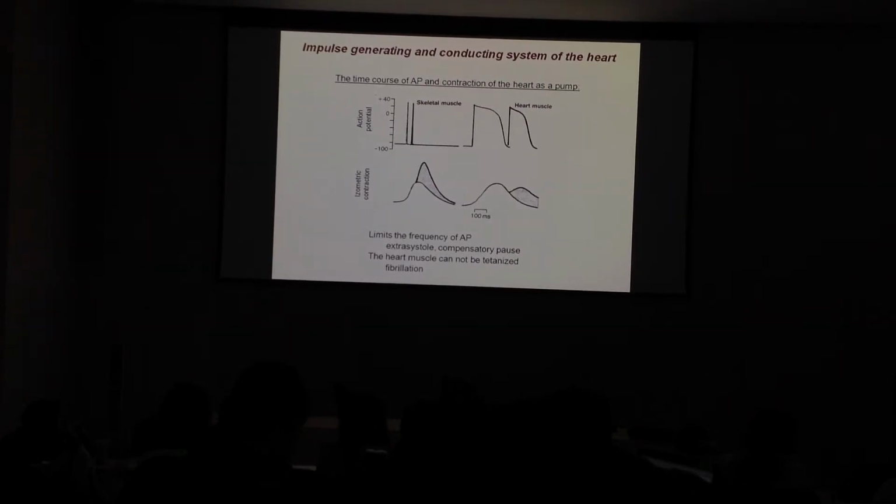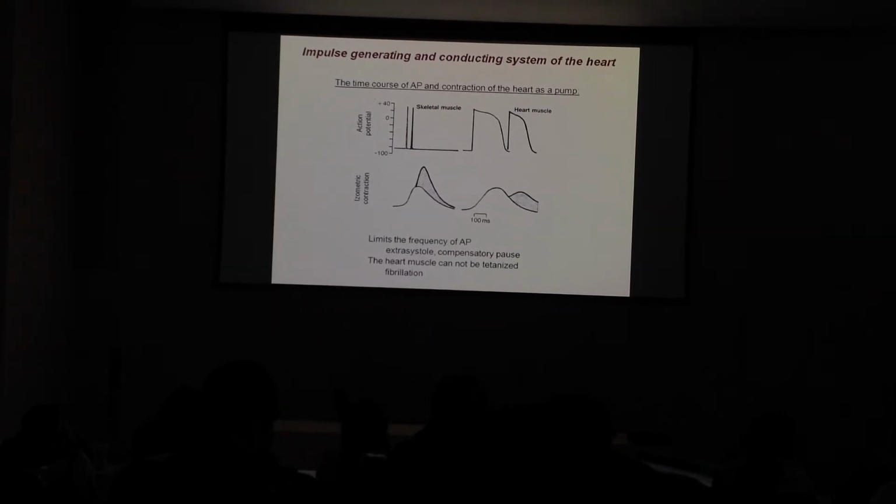And for this proper systole, it is necessary to have the same type of contraction at the same time in all the fibers. And the simultaneous response is protected by the long refractory period.